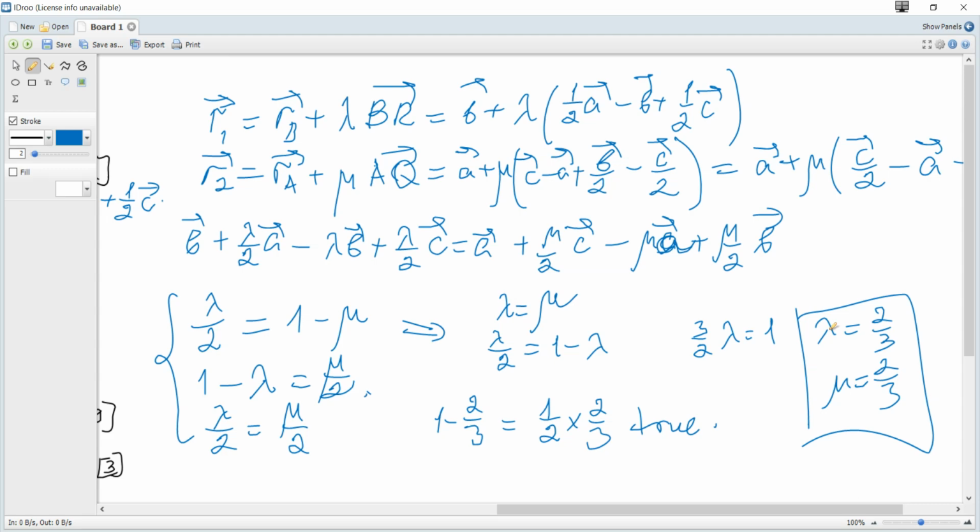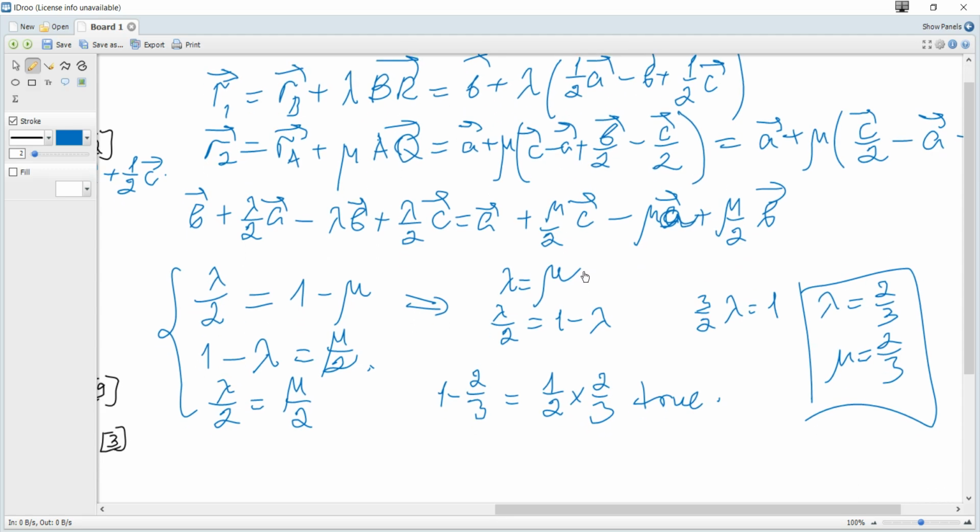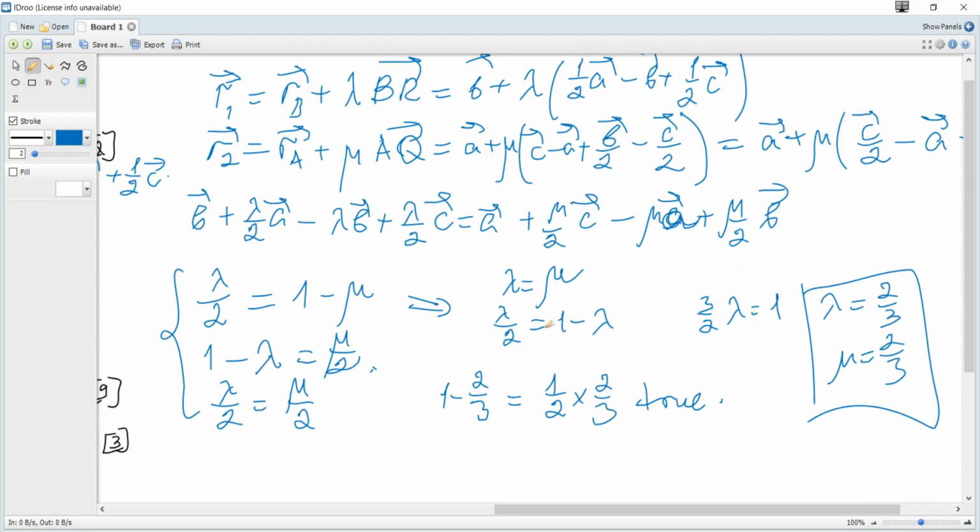I said it's a bit not correct. So we can find directly the position vector OG.